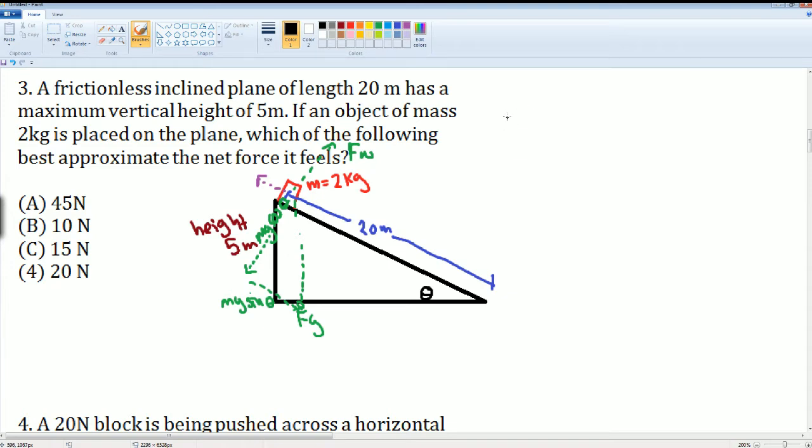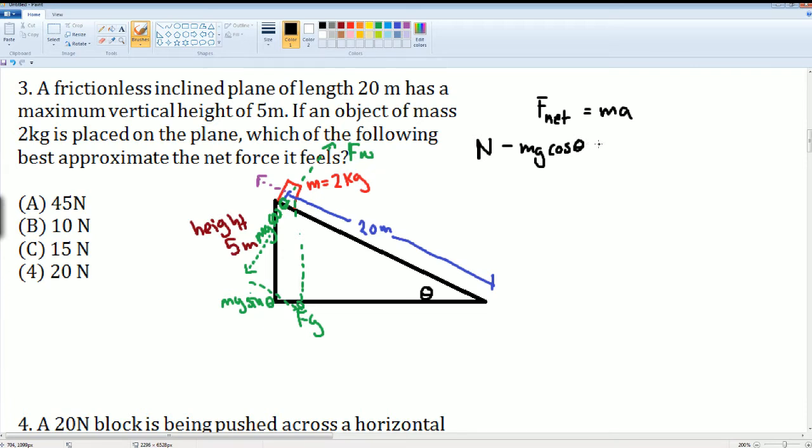Okay, so F net is equal to ma. And then you have here force net. So all your forces, you have force normal. You know what? Let me just use N for normal. Then you have your minus mg cosine theta.